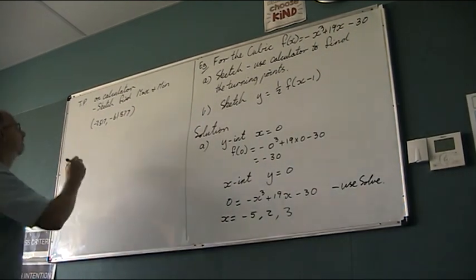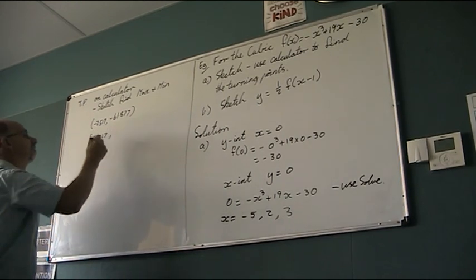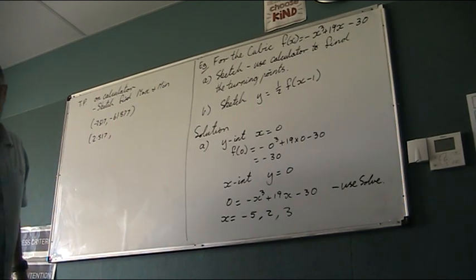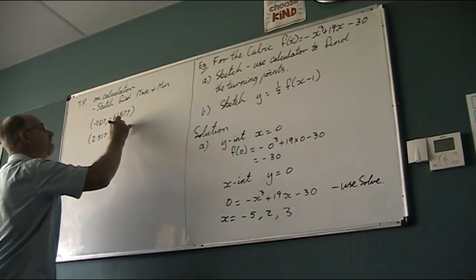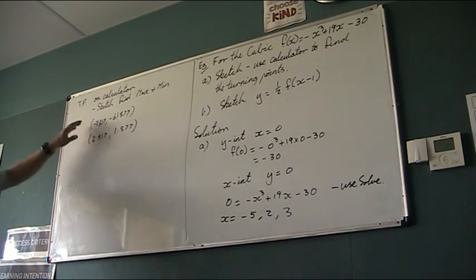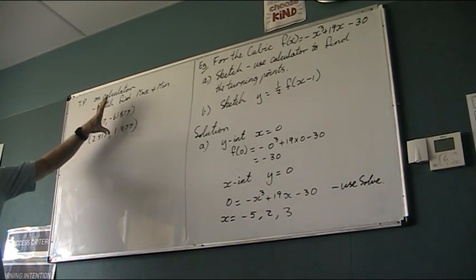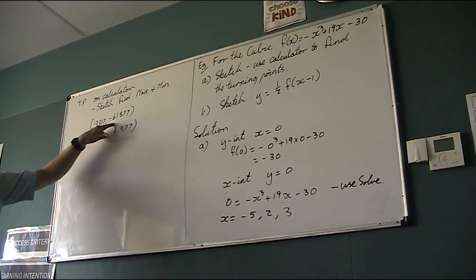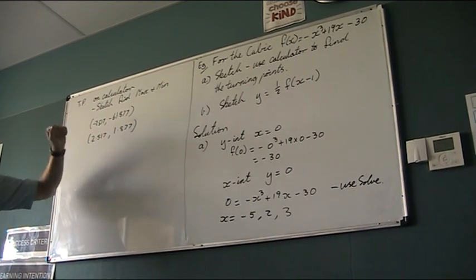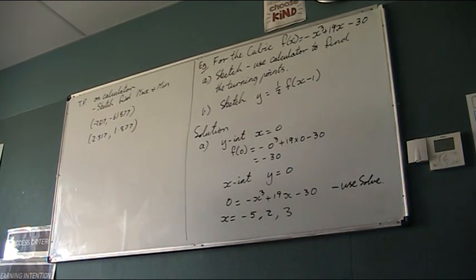I've never seen a question where they don't. And the other point is 1.877. So if you are sketching to find your max and your min, you may have to resize your screen, this one here is at negative 61. It's often the calculator, if something's not actually showing on the screen, it doesn't like it.